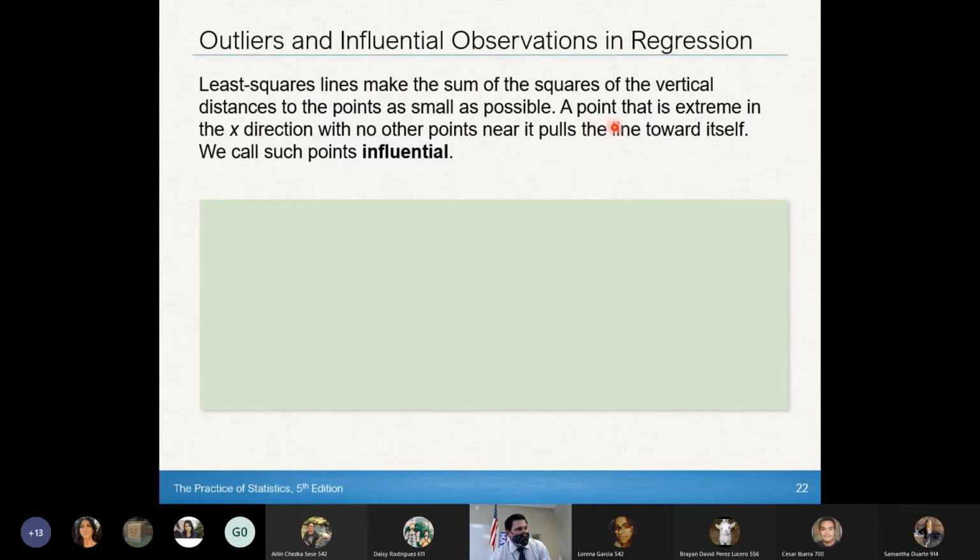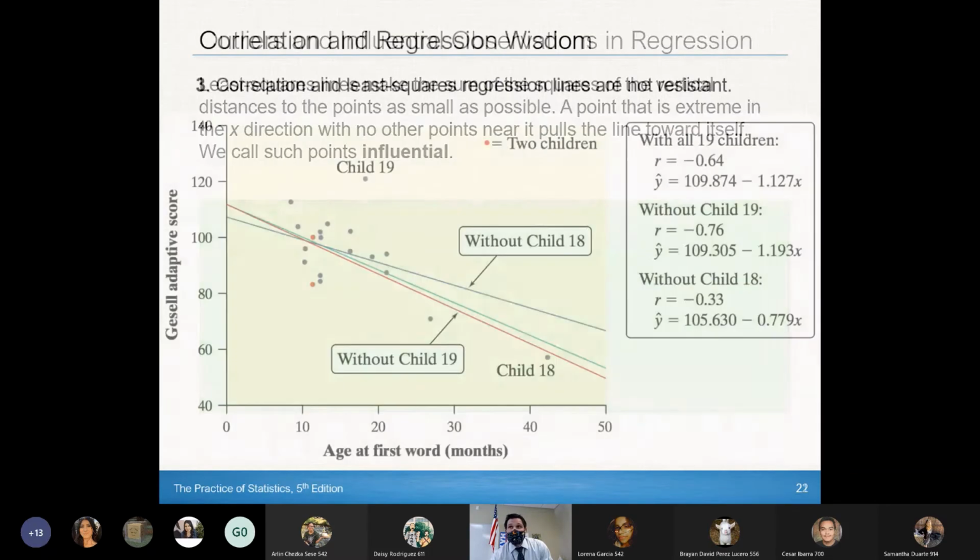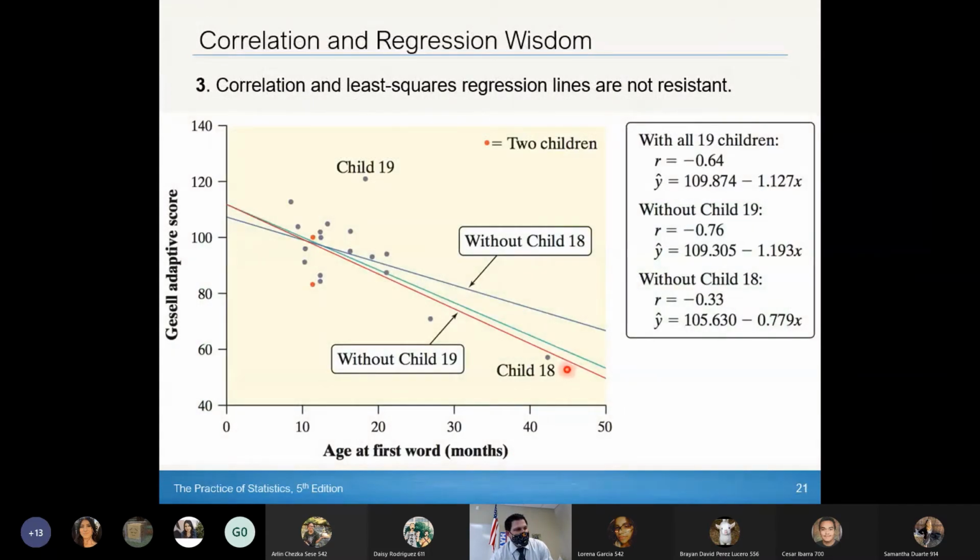Right, and so this is saying a point that is extreme in the x direction, no other points near it, pulls the line towards itself. We actually see that here. Right, we have our outlier of child 18 pulls these regression lines towards it. When that point is removed, there's a huge adjustment to the regression line.